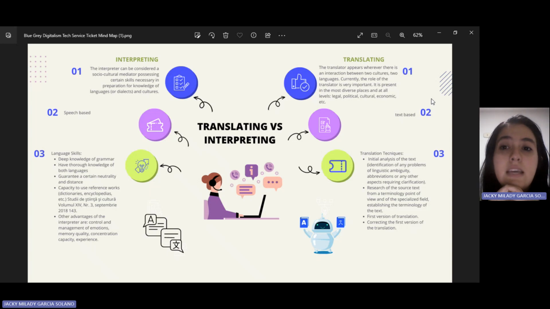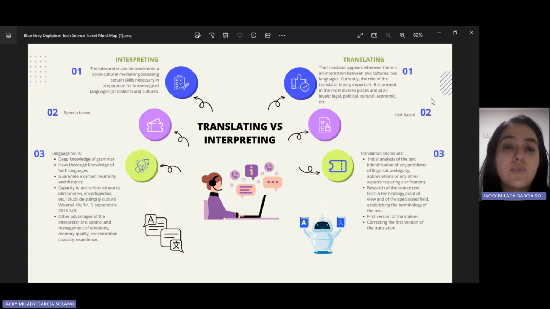In translation, it is necessary to have research ability to look for different ideas about technical vocabulary or technical resources that most of the time are present in the translation task.